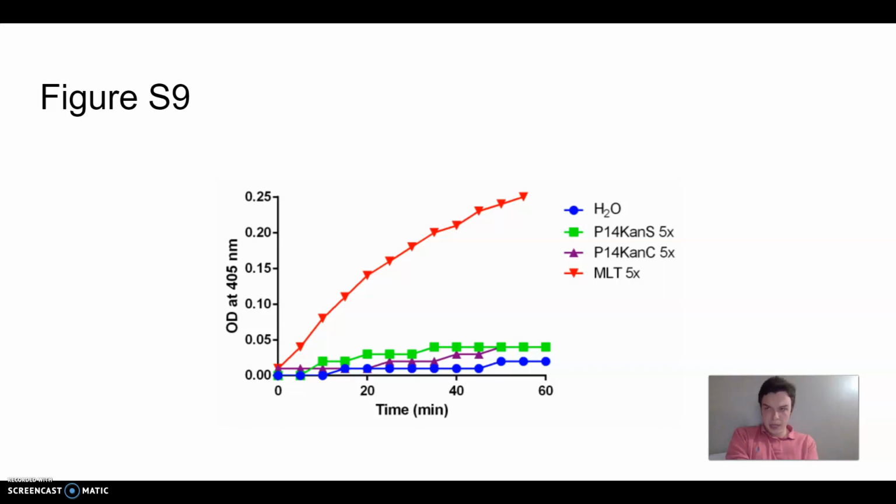They then compared the activity of the conjugates to the activity of water and melittin, which both served as controls. Melittin is a peptide that has powerful cell lytic abilities.